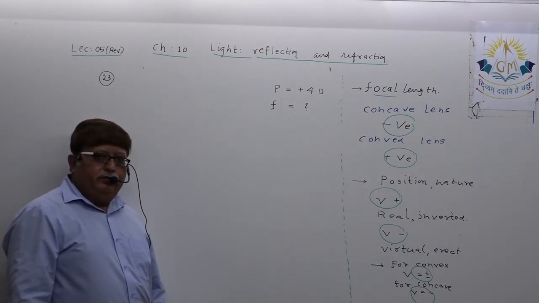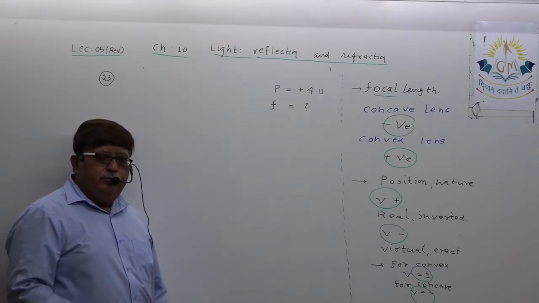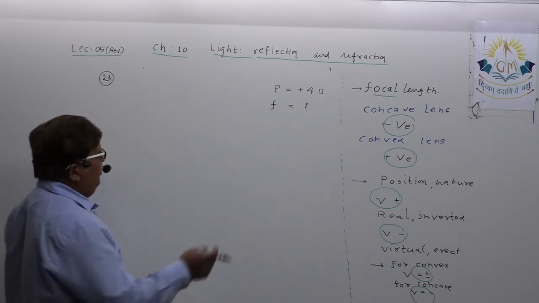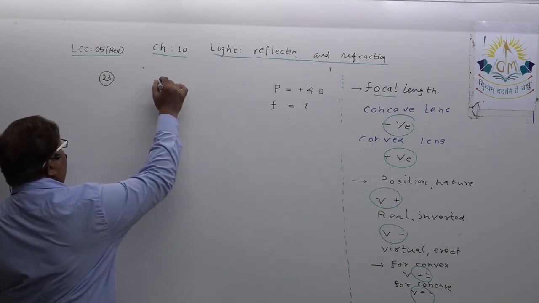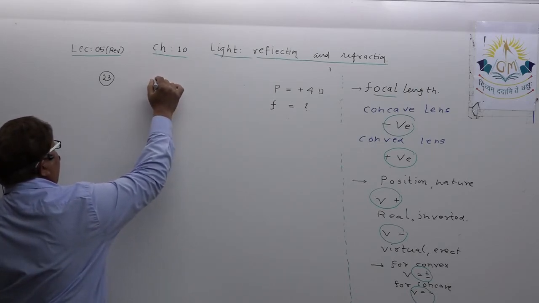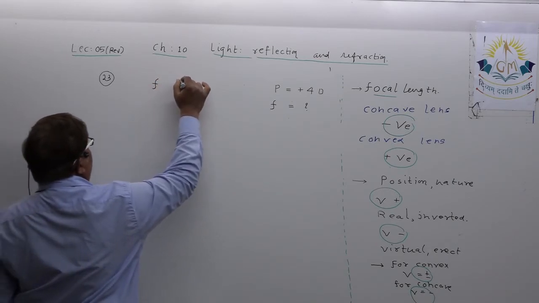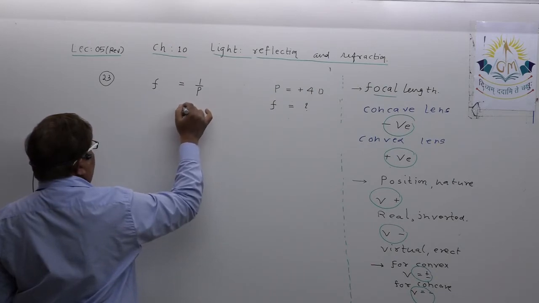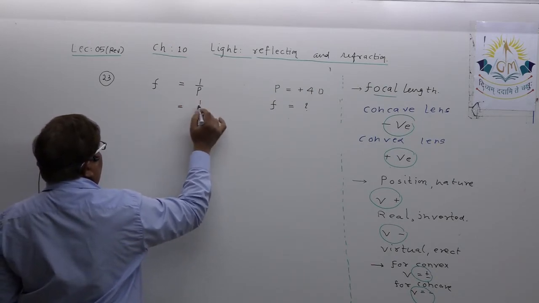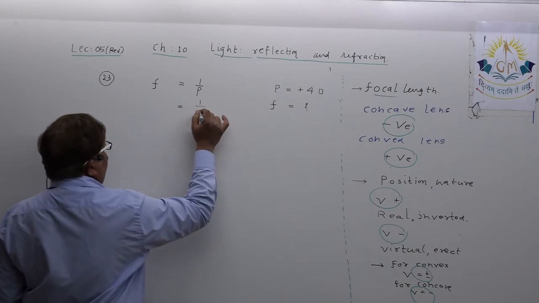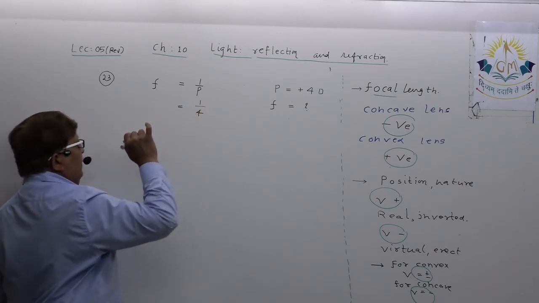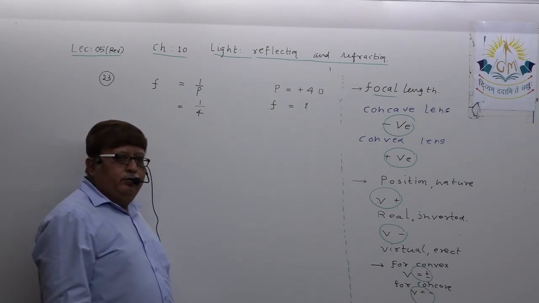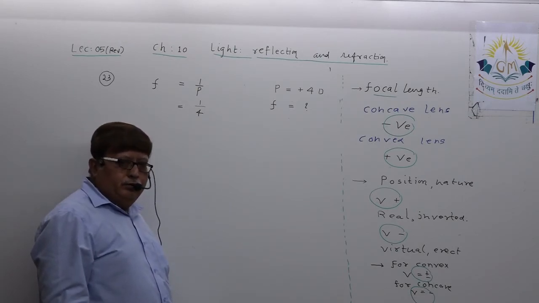Power is the reciprocal of focal length, simply means that focal length is also the reciprocal of the power. So you can write this way: F equals 1 upon P, okay, 1 upon 4. So 1 upon 4 you got.